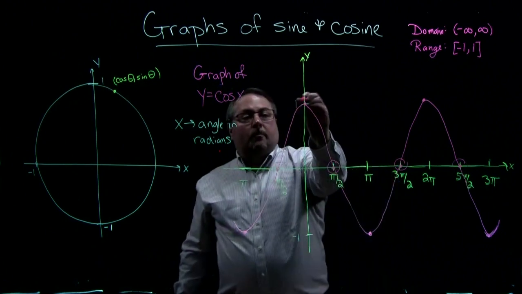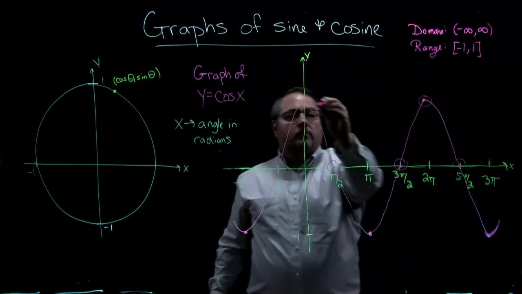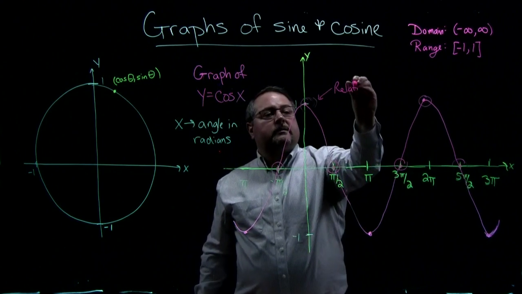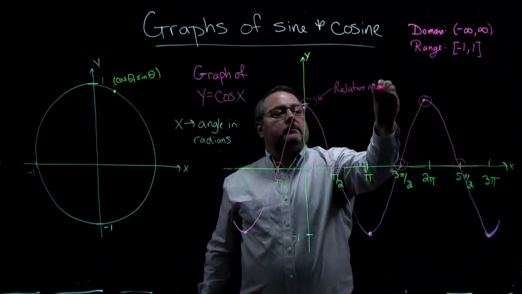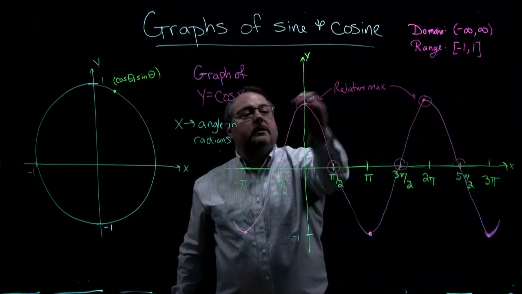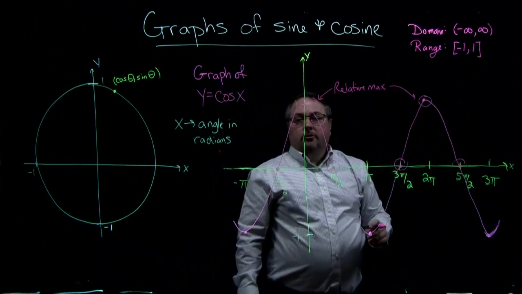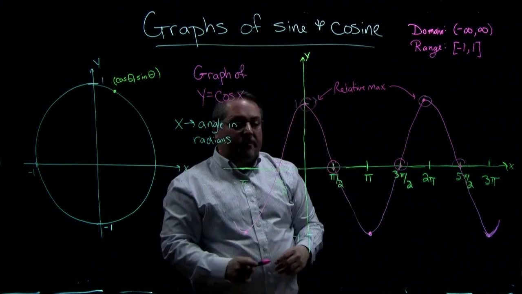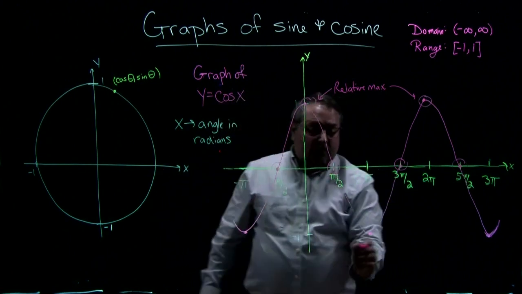We're going to have our maxima. So we call these relative maxima, the tops of our hills, at angles that are coterminal with 0, because that's where our cosine value is at its maximum. Cosine is equal to 1.